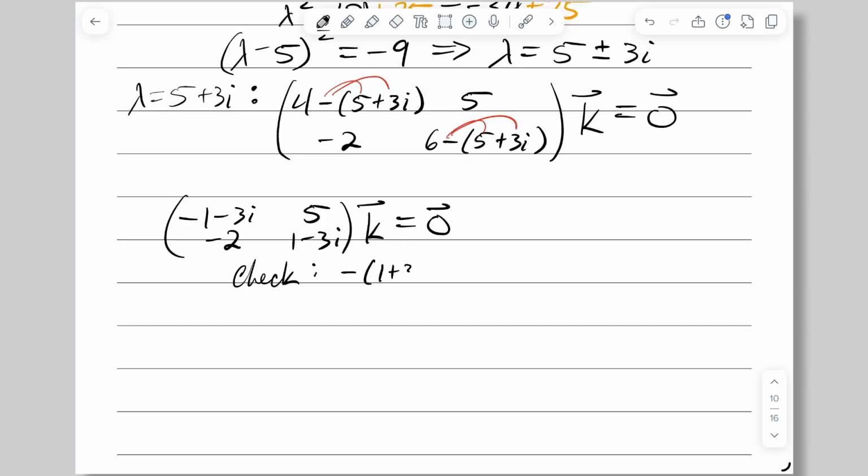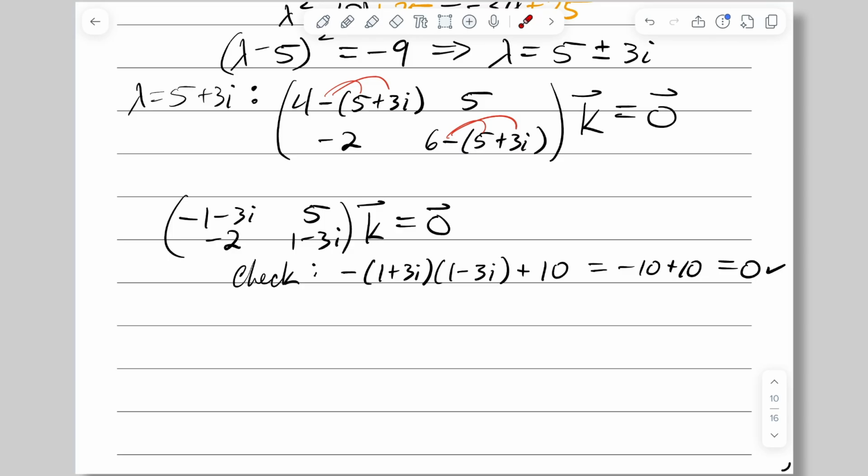Negative of 1 plus 3i, I factor that negative out, times 1 minus 3i, minus negative 2 times 5 is actually going to give us negative 10 plus 10, that equals 0, and that tells me that the determinant is equal to 0, which means that one of these rows is actually a scalar multiple of the other row.